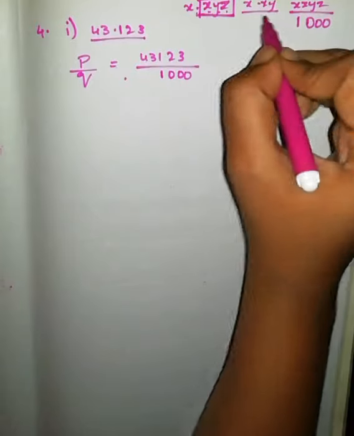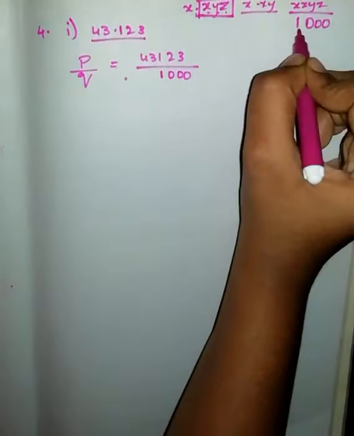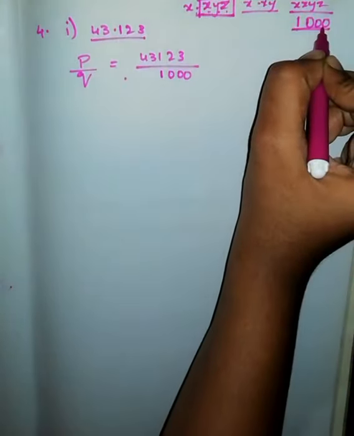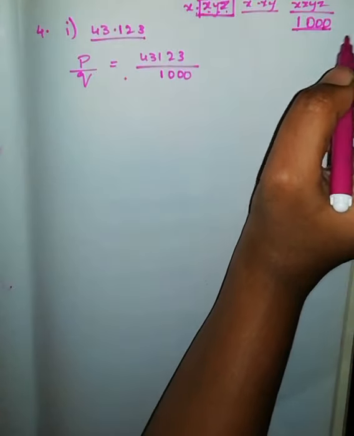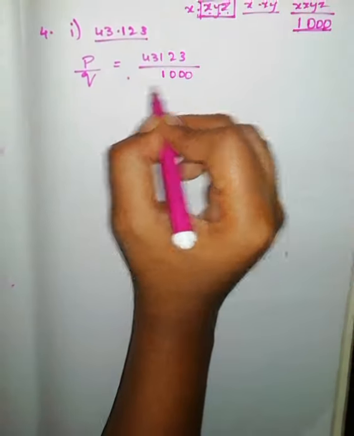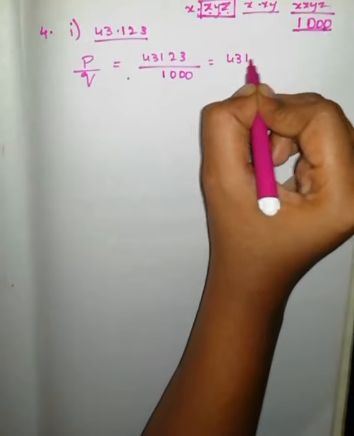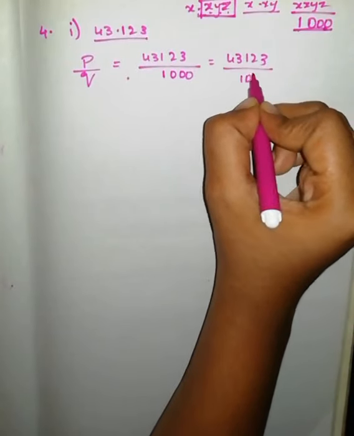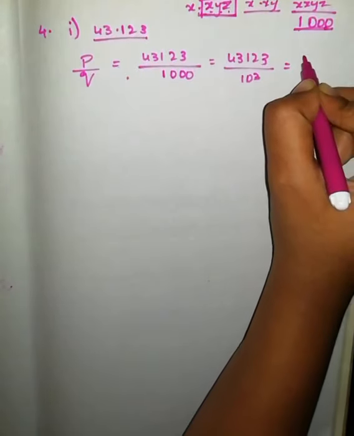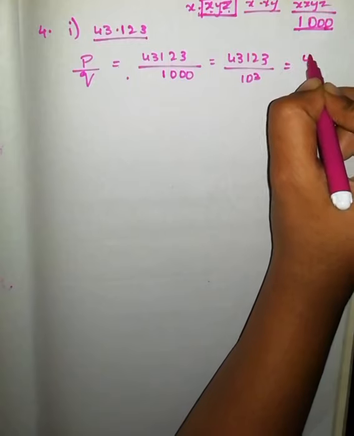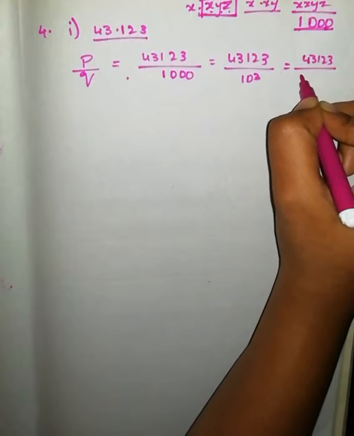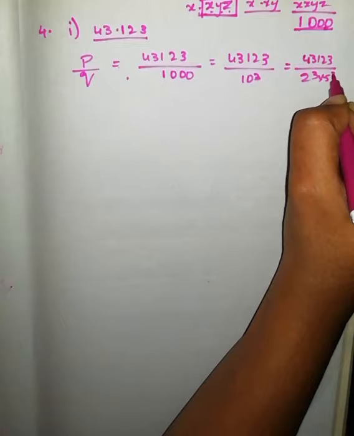So here there are 3 digits, so we write 3 zeros, which will become 43,123 divided by 10 cube, which is equal to 43,123 divided by 2 cube into 5 cube.